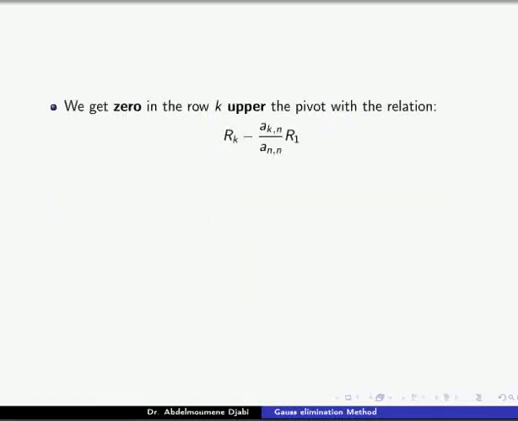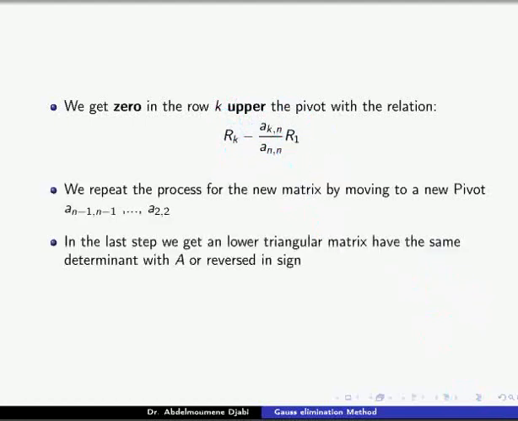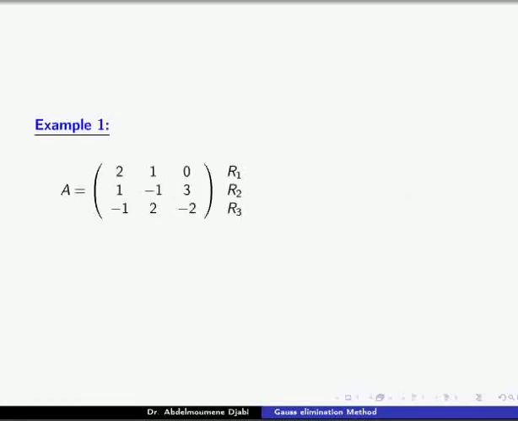After, we get 0 in the row K above the pivot with the following relation. In the last step we get a new lower triangular matrix, which we can calculate the determinant of and deduce the determinant of the first matrix A. Now we give some examples.